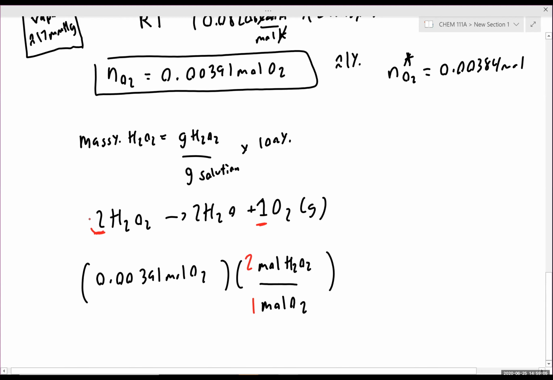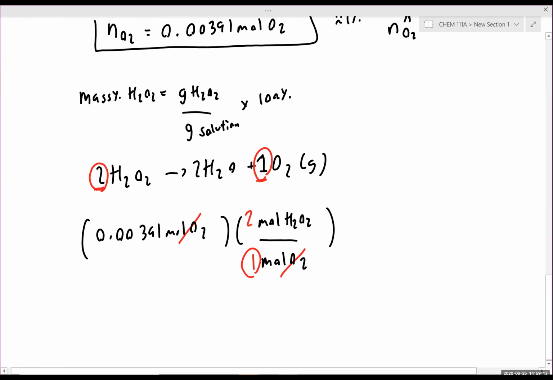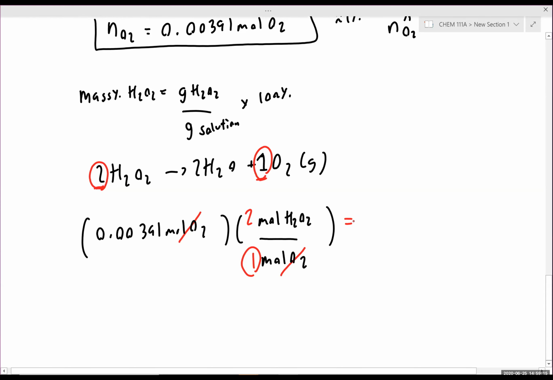We have 2 moles of hydrogen peroxide per 1 mole of oxygen. The moles of oxygen cancel, and at the end of our calculation we have 0.00391 times 2. That gives us 0.00782 moles of hydrogen peroxide.